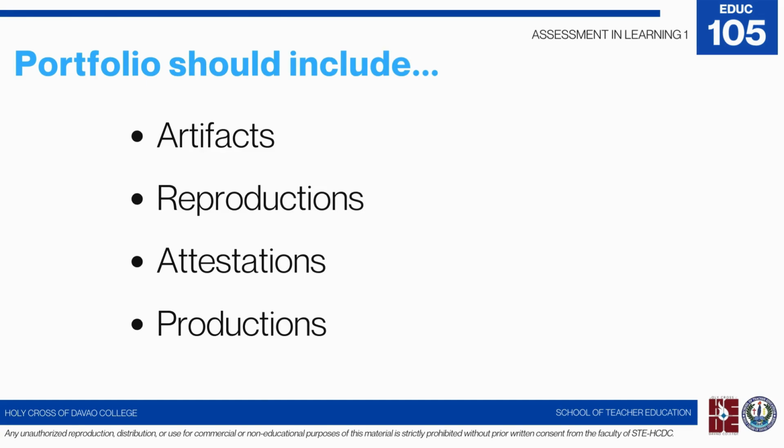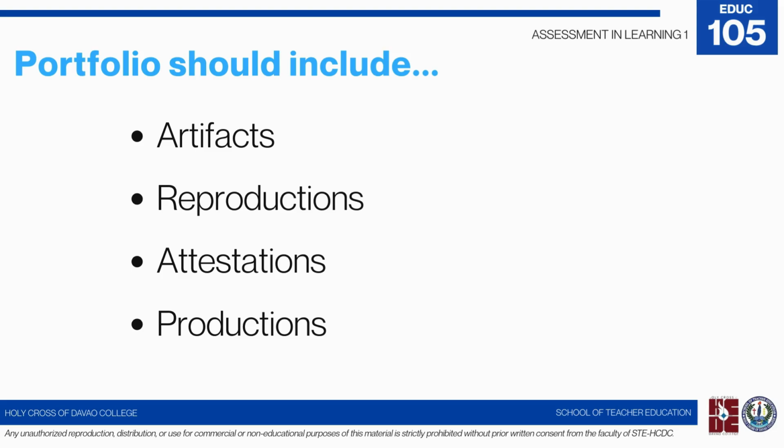Hence, portfolio should include the following. First are the artifacts, which are actually the actual work created by the student, for example, their essay outputs, drawings, or reports in paper. Second is the reproductions. These are copies or records of the student work that cannot be physically included in the portfolio. So that's why they put photos of their performance, documentations, and clips of their video recordings. Third is the attestations.